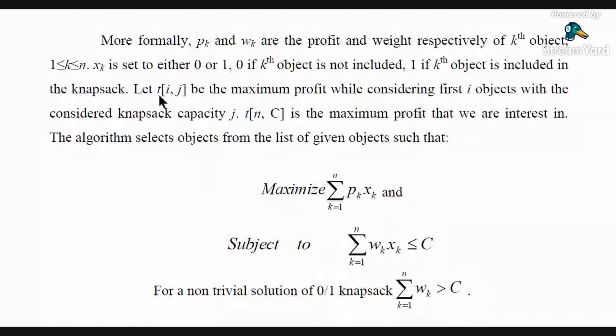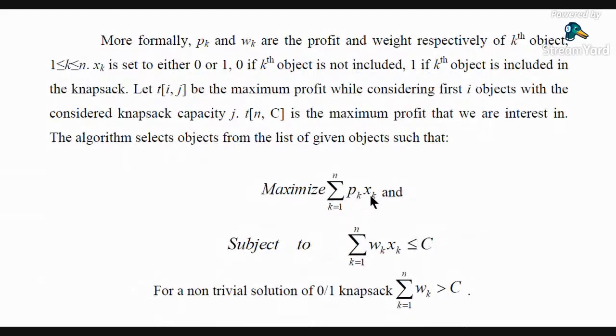Now I'm repeating this once again. What is Tij? Tij is the maximum profit by considering the first i objects with the considered capacity as j. And what is our aim? Our aim is to select some of the objects such that we can maximize the profit. How is the profit computed? It is the sum over all objects of Pk multiplied by xk. Pk is the profit associated with the kth object, and xk is the decision, which can be 0 or 1.